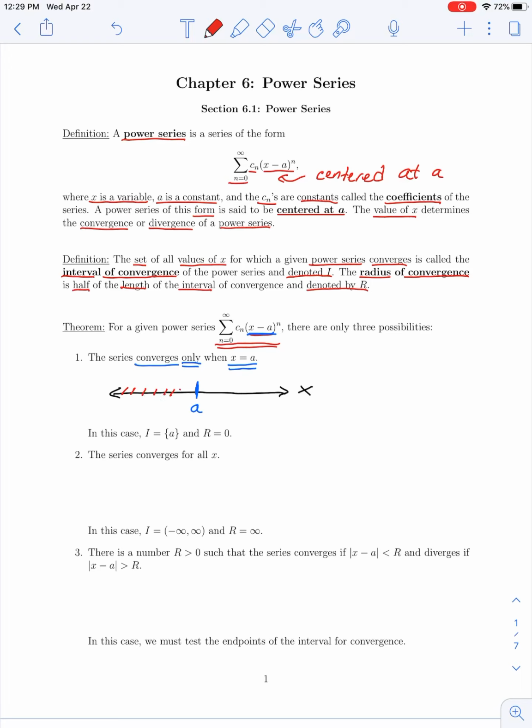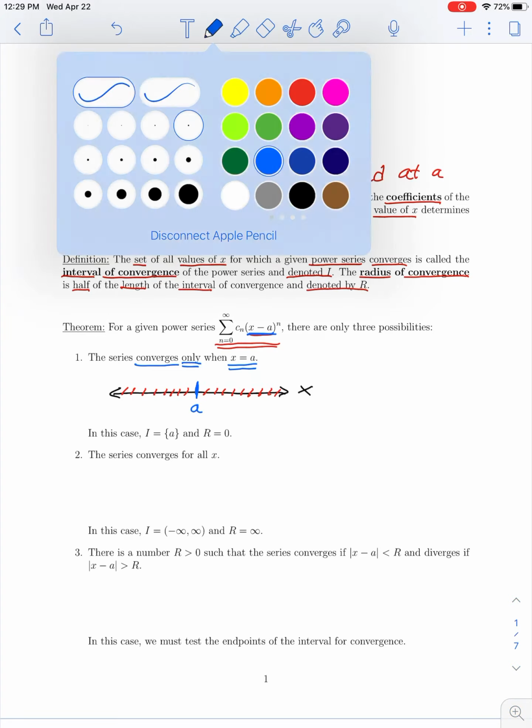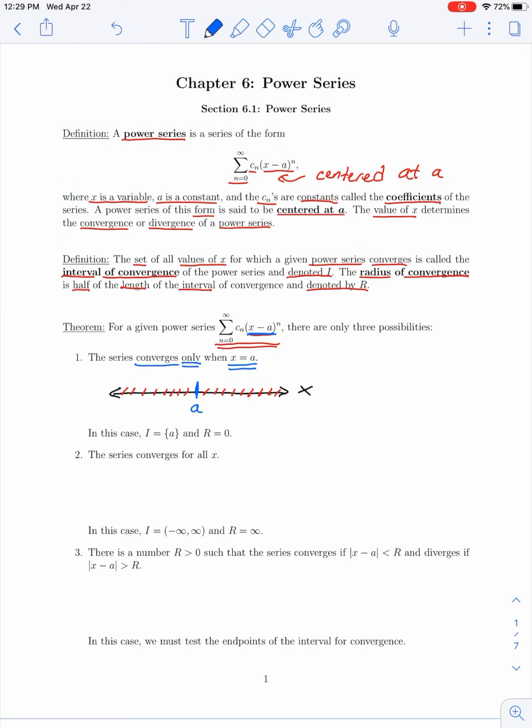So every other value of x would cause this series to diverge, but we do have convergence at a. So in this case, the interval of convergence, that is the set of all x values where our series converges, would just be an interval consisting of a single point, x equals a.